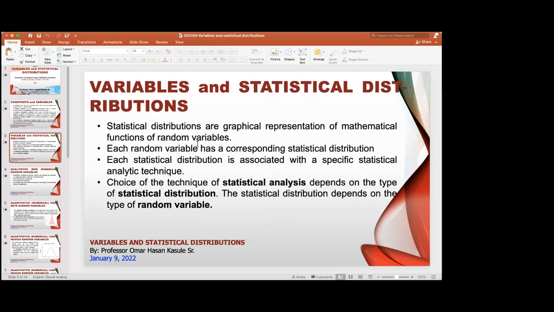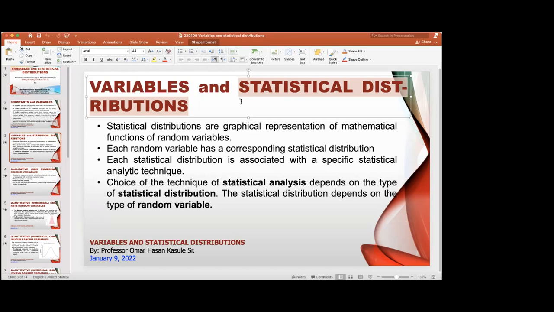Now, let me talk about the idea of statistical distribution. I will not go into details about this. When we measure or count and graph what we count, put it on a graph, that becomes a statistical distribution.